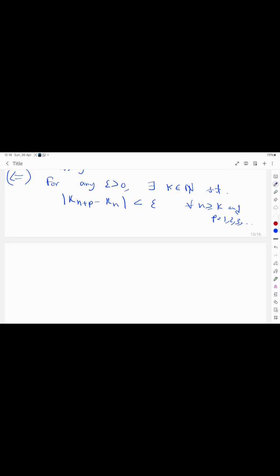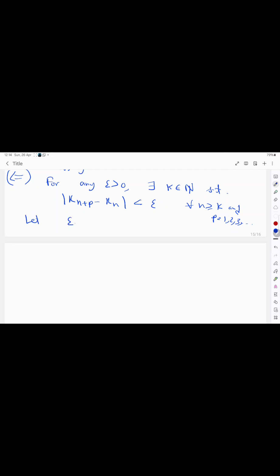Bolzano-Weierstrass. So you have a subsequence xnk that is converging to L. Now your goal will be to show this L is the limit of the main sequence. This is a little bit large, so let's prove this.